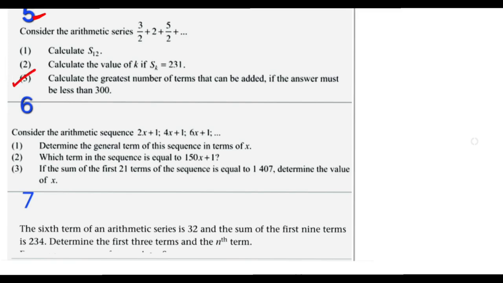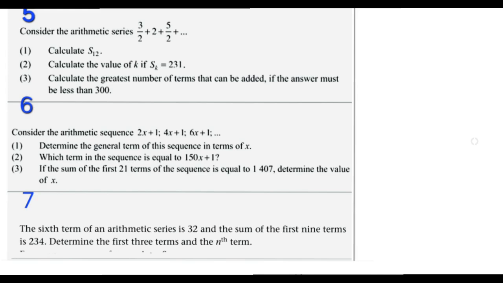Now the third part, he said calculate the greatest number of terms that can be added if the answer must be less than 300. Don't worry about the greatest or less. We have to look here: less than 300. So which means Sn must be less than 300. Set up the inequality for Sn.